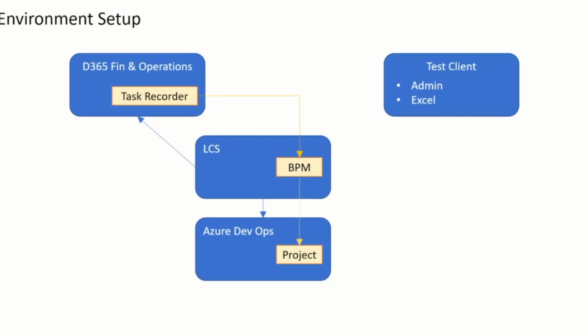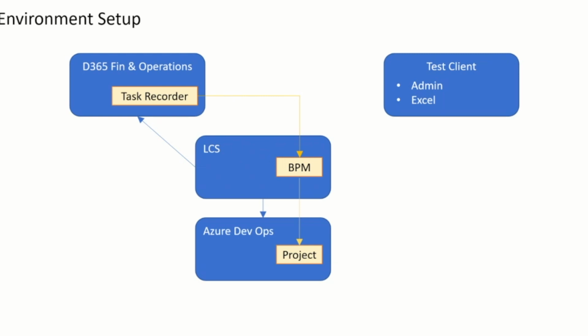What will happen now is that we will have a link between our Dynamics 365 Finance and Operations, and we're going to use the built-in task recorder for capturing the test scripts. Those task recordings, we're going to save into a BPM library on the LCS project.